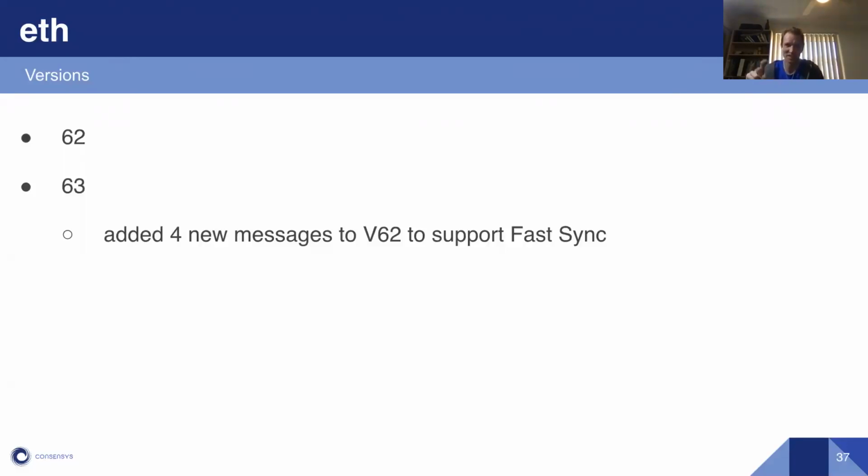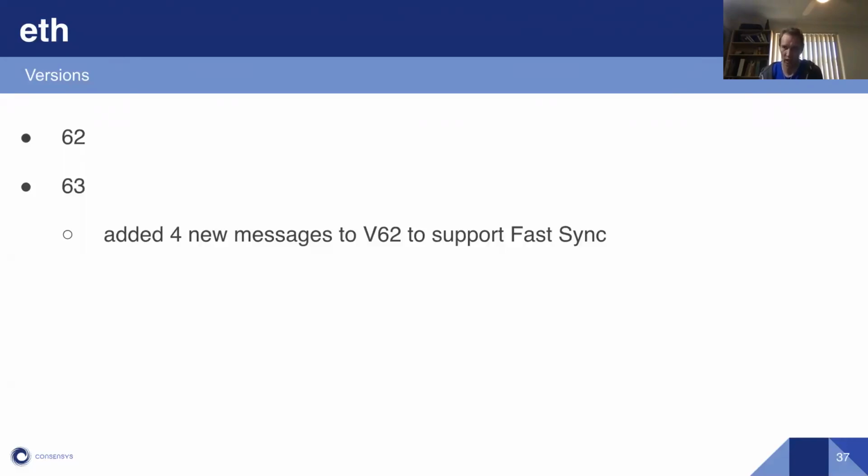They just skipped a whole bunch of numbers when they started going live and back into the main network. Version 61 was really being used for a long time, but then was upgraded to use version 62. And so 61 and 62 were definitely running in parallel for a while.